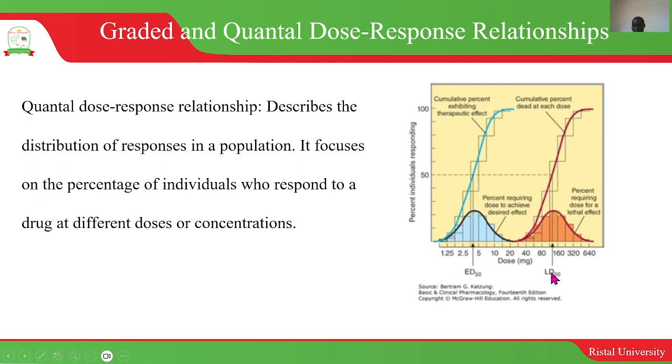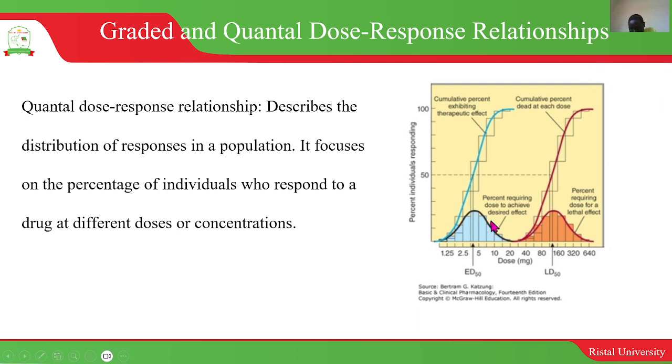Lethal means dead. So it tells us at what dosage we reach the killing effect, where the drug is now killing someone. That is the worst case scenario that will happen when there's an overdose. While this one is looking at the drug has worked and nothing wrong has happened to the person.